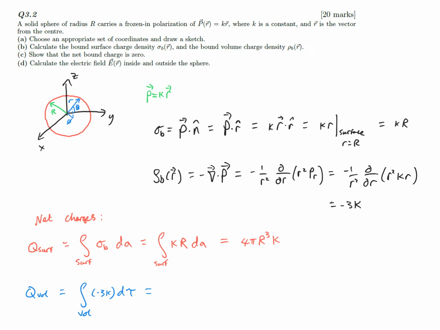And so again, I can just write down the answer. It's minus 3k times 4/3 pi r cubed. The 3's cancel, and I get minus 4 pi k r cubed. And of course, the whole point is that these are positive and negative of each other, such that the total charge Q, which is the surface contribution plus the volume contribution, is obviously equal to 0, as it always is. So this is a sanity check, if you like, on your answers.